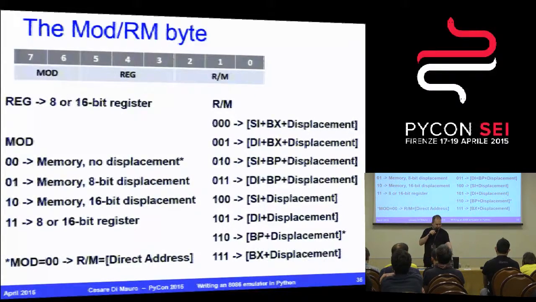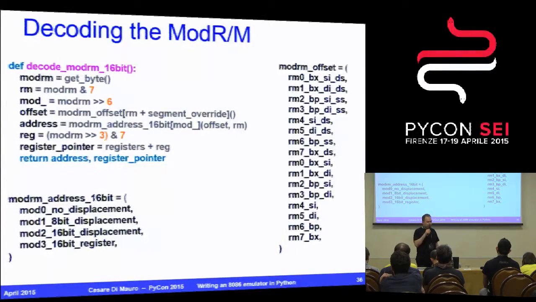There's a special case for direct address, which is defined by mode 00 and the BP plus displacement mode. So when I have to decode the ModR/M, I get the byte, and then I extract the bits for the reg field, for the RM field and for the mod field.